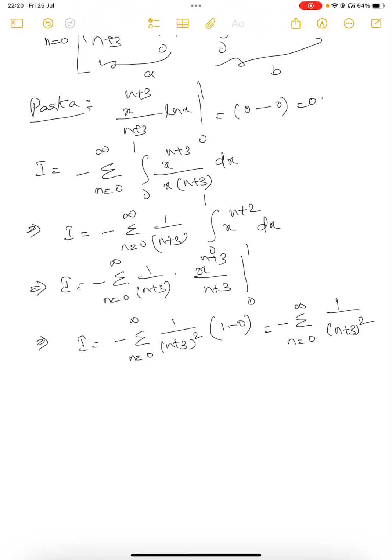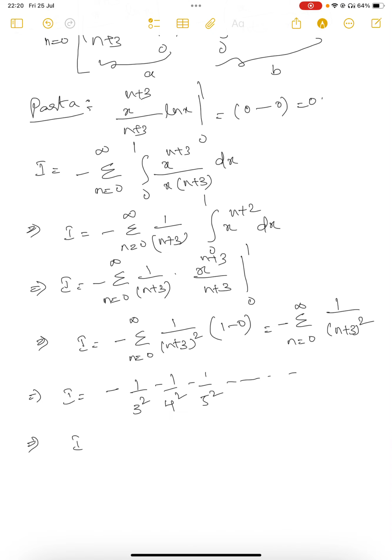Let's substitute the values of n and see how it looks. If n equal to 0, it will look like minus 1 by 3 square. If n is 1, it will be minus 1 by 4 square. Then it goes on.